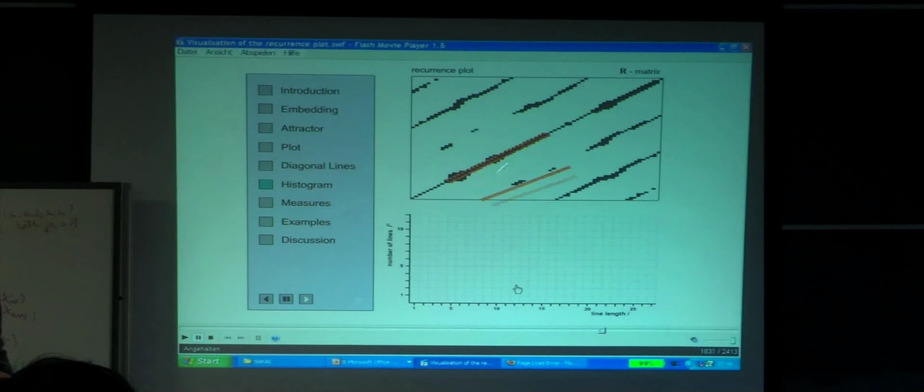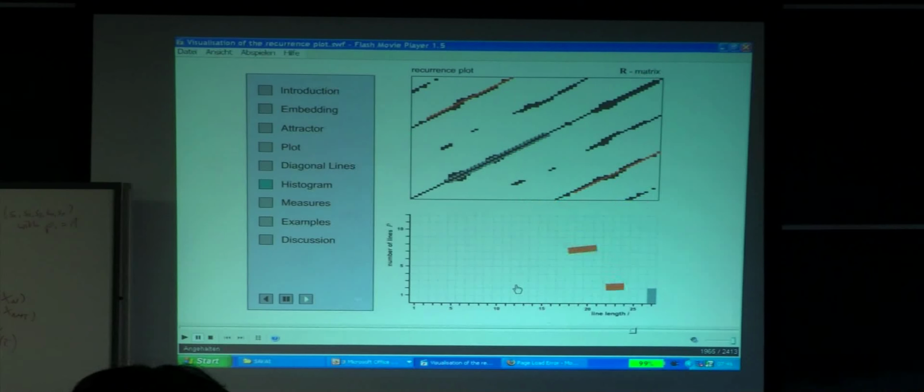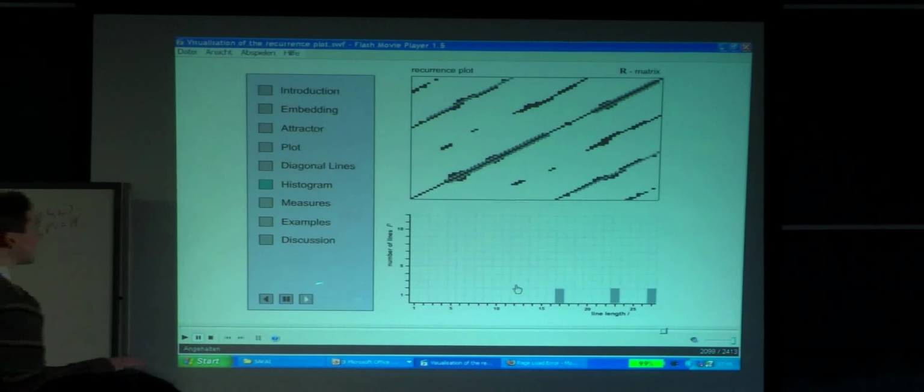So that's what you will see here. There are some very long diagonals. Then there will be some shorter diagonals, these two, and then even shorter ones. And what you will see is that there's then a histogram of the length of these diagonal lines, which you can use for quantifying the dynamics of your system as well.